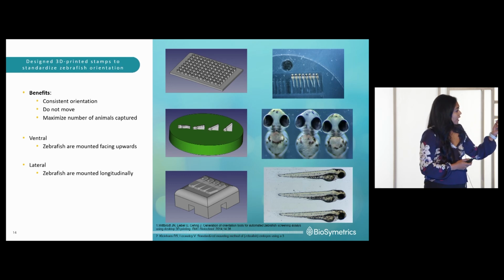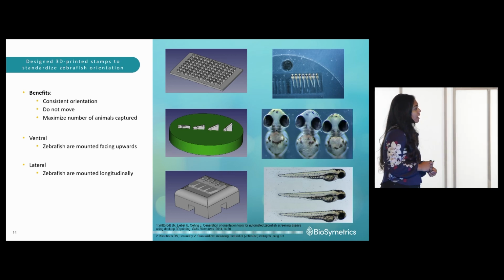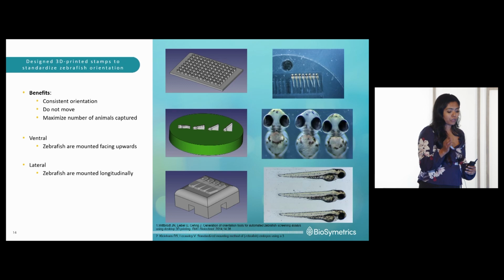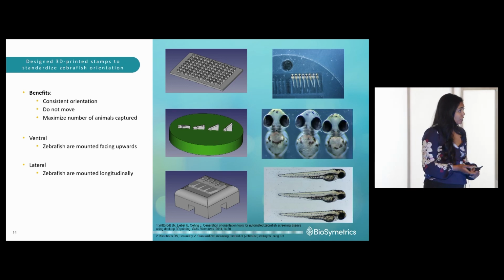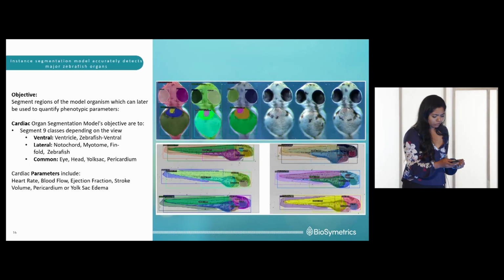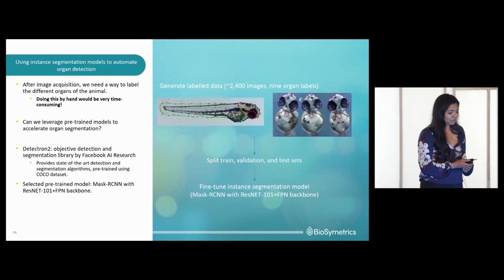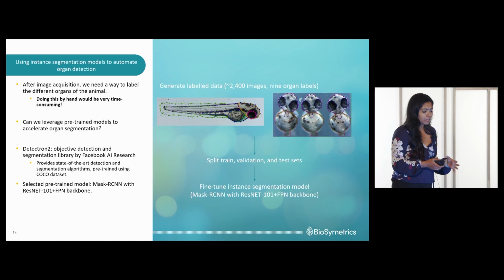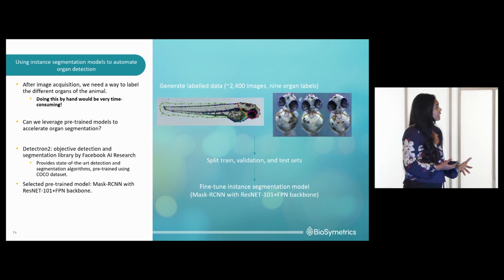Now, if we're looking at our second stamp, it's a lateral stamp, the bottom image over there. And this is basically great for blood flow. So if you'd like to see the overall circulation within the zebrafish, you're able to do so with that specific stamp.